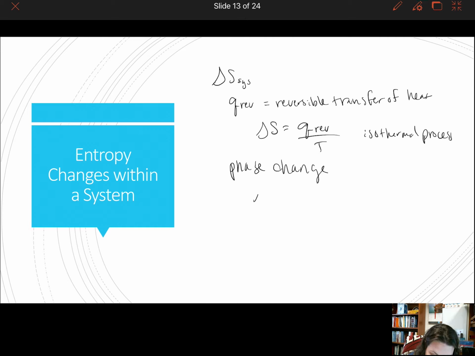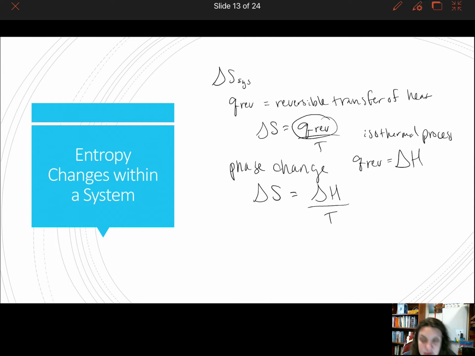If this is a reversible process, our Q rev will equal our delta H. So we can figure out the delta S of our phase change by taking the enthalpy of our phase change divided by temperature.